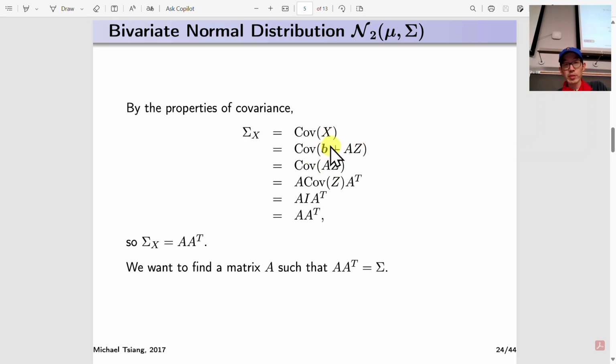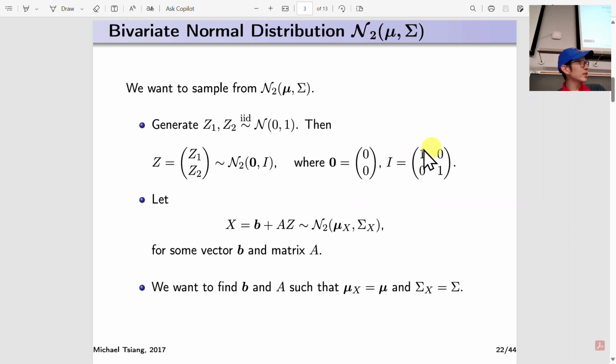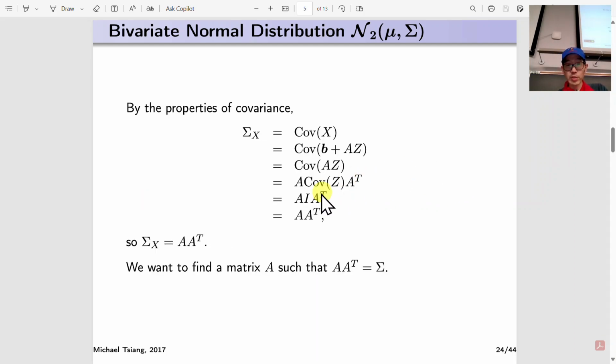Well, if you're just adding a constant b, the covariance is just going to be that of A times z. And anytime you're calculating the covariance of a matrix times z, and you want to pull it out of there, you're going to get A covariance z A transpose. The covariance of z itself is just the identity matrix, 1, 0, 0, 1. So therefore, the covariance of x will be A A transpose.